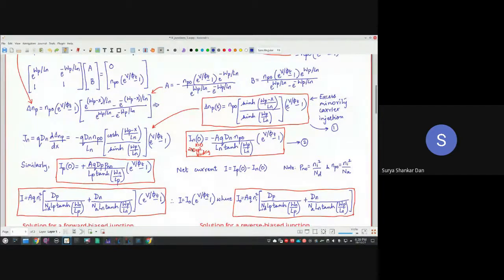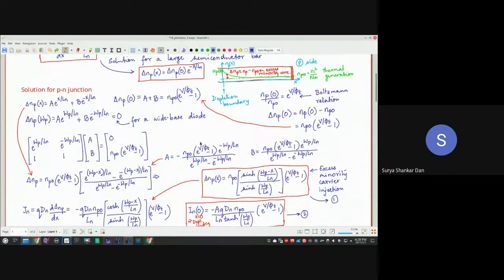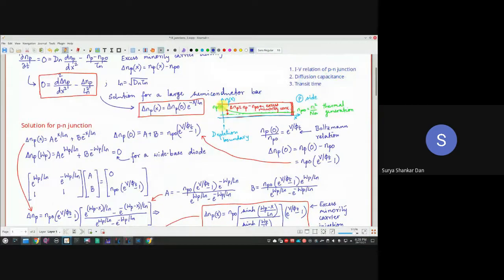So now if we are taking I_n(0), that means exactly the current at the depletion boundary, then over there the only component of the current contributing to the total current will have to be what? The diffusion component. Why? Because remember, as I told you, here is the depletion width, W depth.